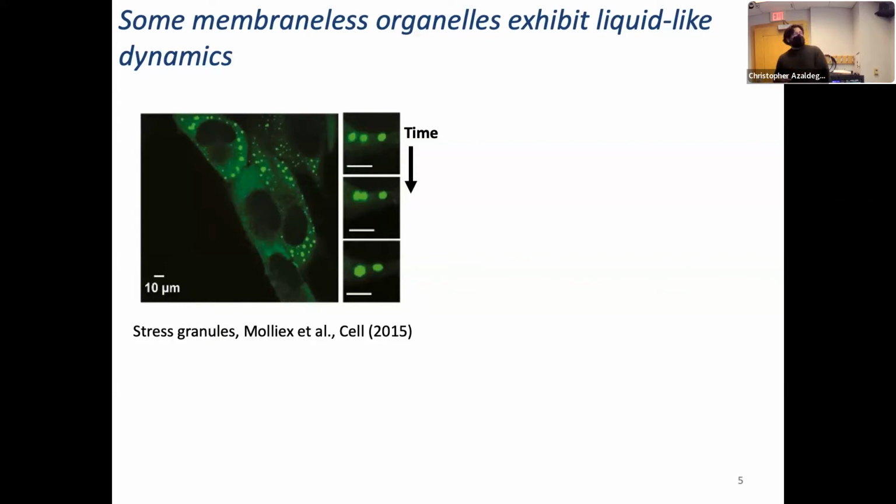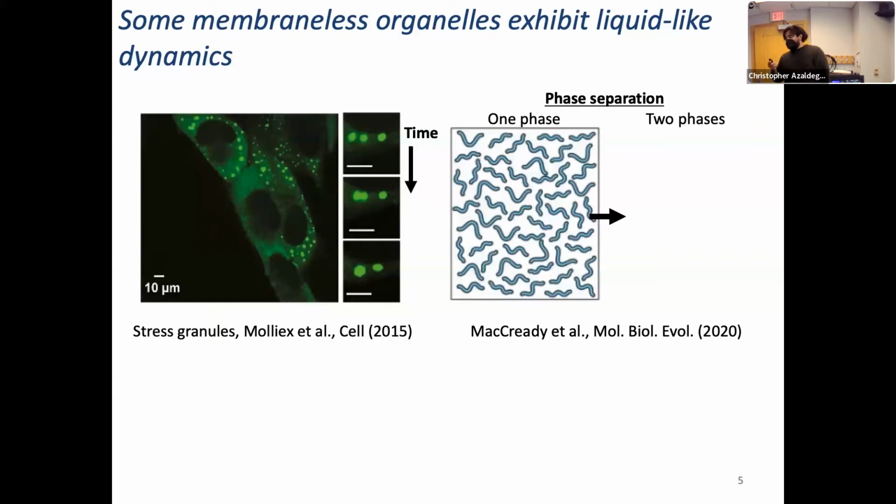And so these liquid-like properties have led to the proposal of a particular mechanism for the formation of these membraneless organelles, being some phase transition or phase separation. In particular, here I'm showing liquid-liquid phase separation, where you imagine you have a homogeneous solution of a biopolymer, whether that be protein or nucleic acid, or a combination of the two, that exists in one phase.